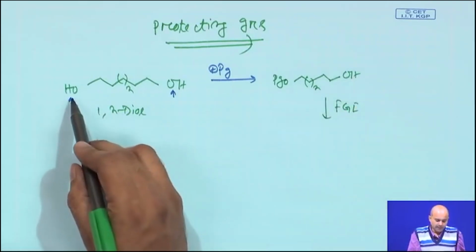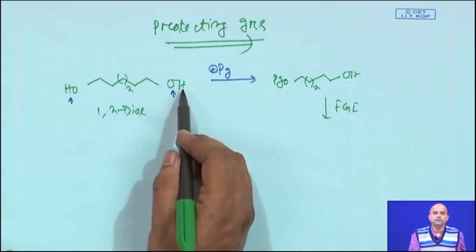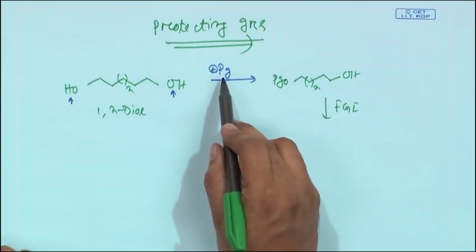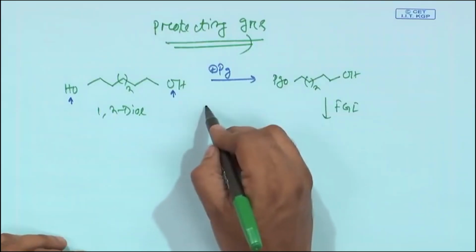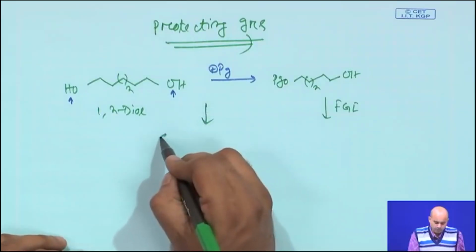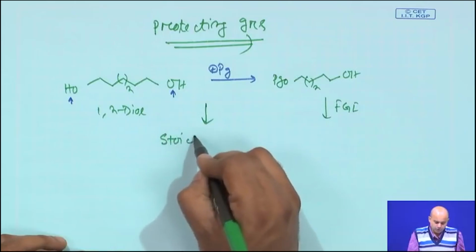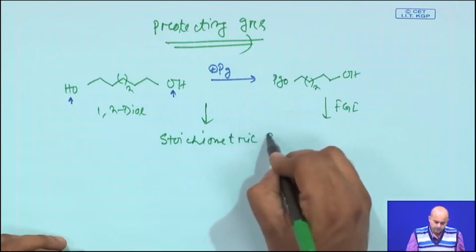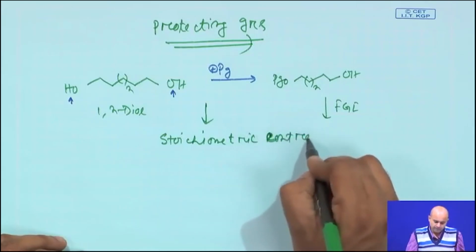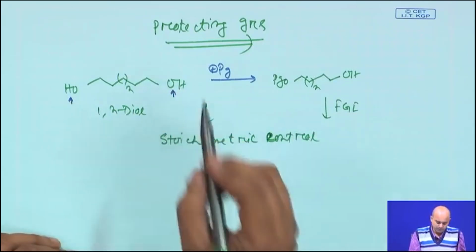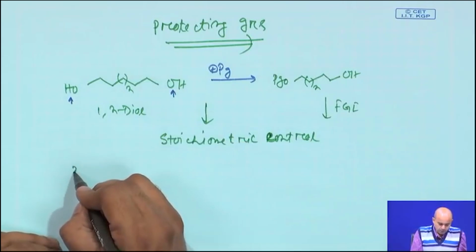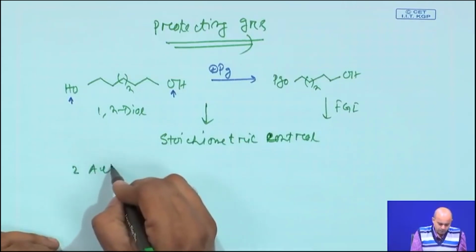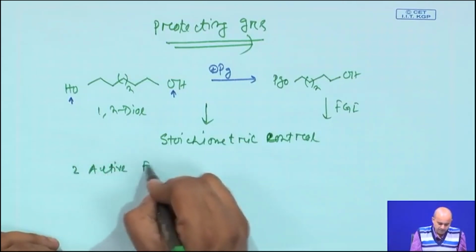Now, the point is both the groups have equal reactivity, so how can you selectively protect one functional group? Here you have to use stoichiometric control. Stoichiometric control means that as both groups are equally reactive, you have two active functional groups, two active FG.